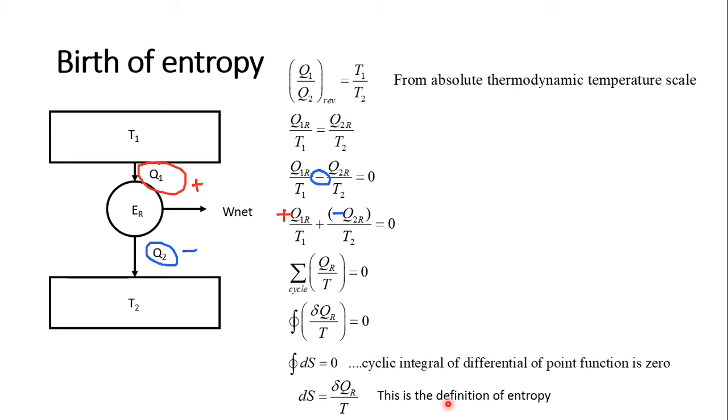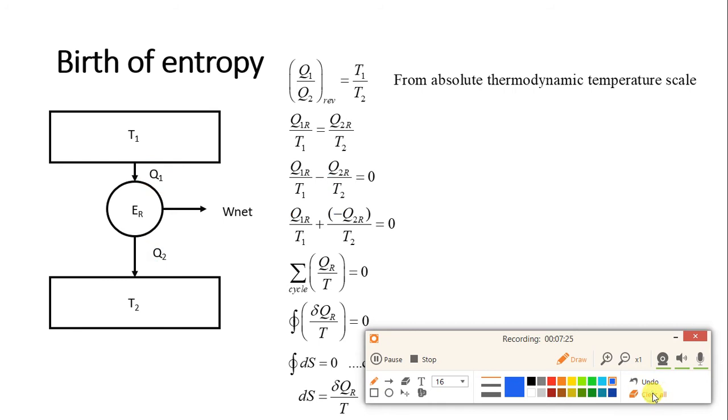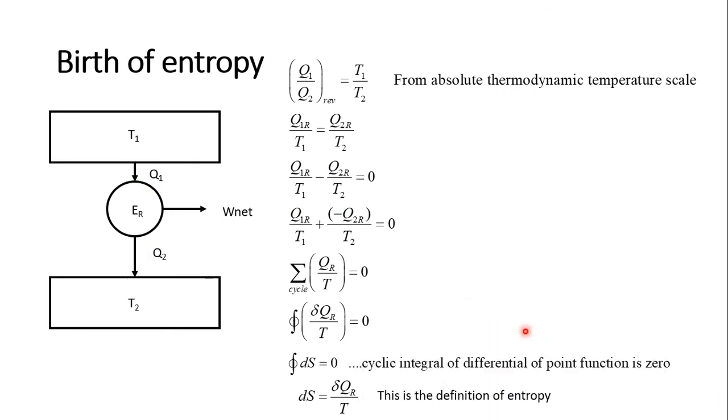So let me clear the slide. Now next thing what we can write is this, we got this equation, ds is equal to delta QR by T. Now integrate this equation, what you will get? Delta s. Why? Because s is a point function, it is a property.